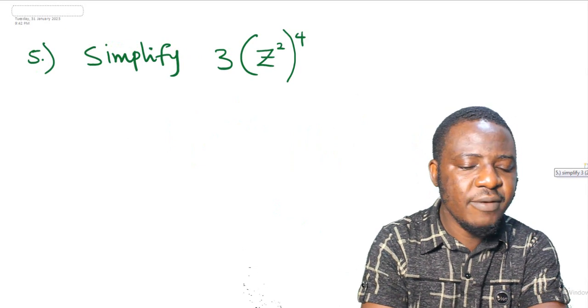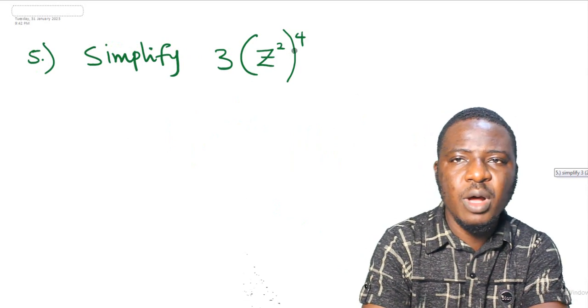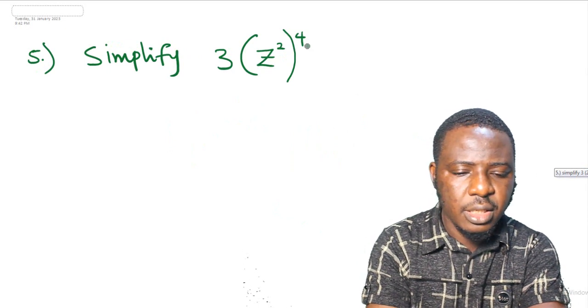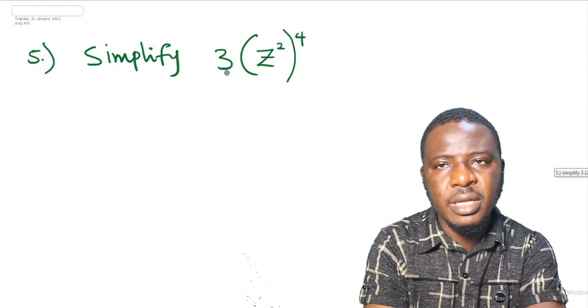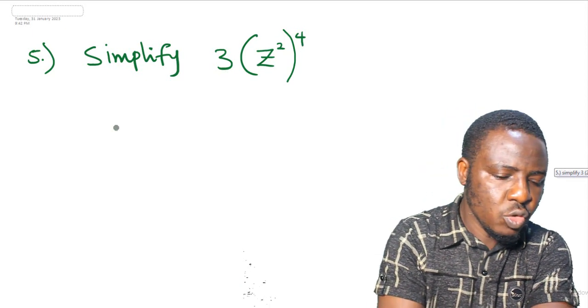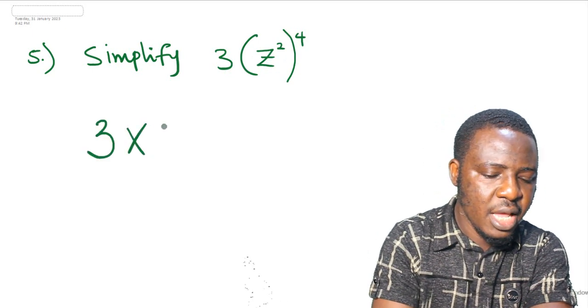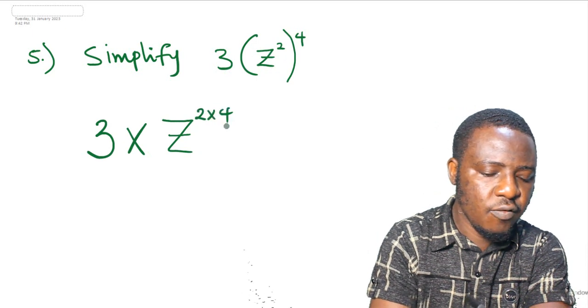Question 5 says we should simplify 3 into bracket z squared all raised to power 4. I told you in the previous class that power 4 is affecting all that is in the bracket excluding 3, because 3 is not part of it. So this can be simplified to be 3 times z raised to the power of 2 times 4.